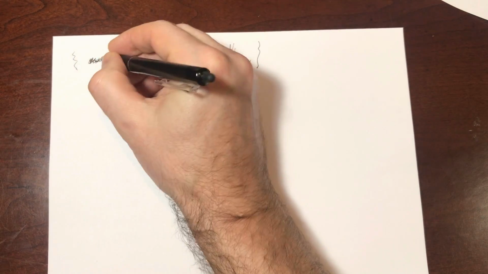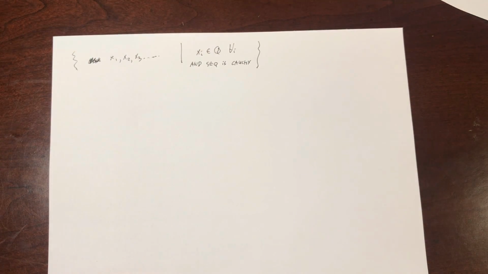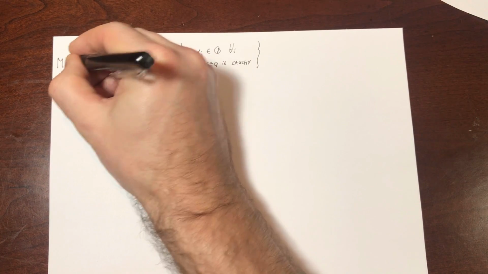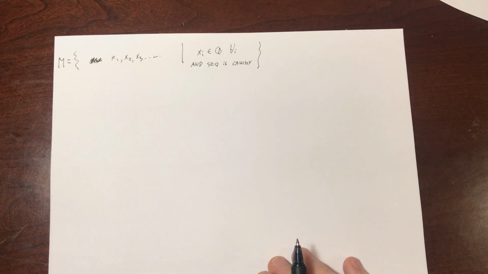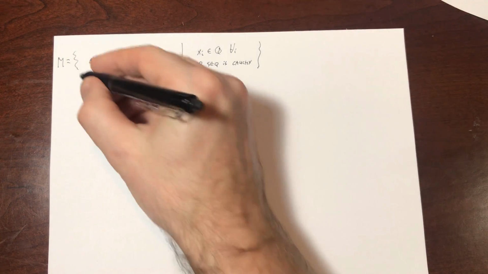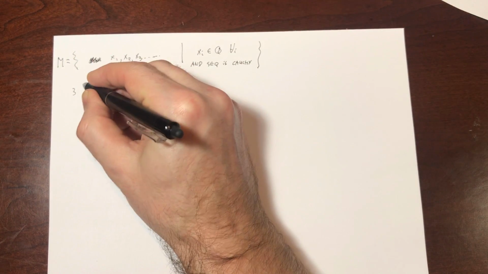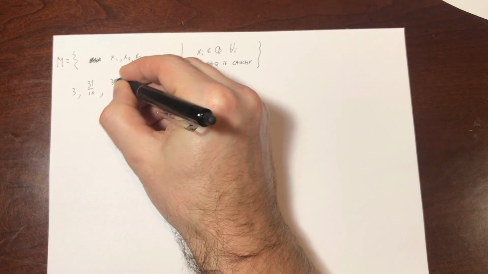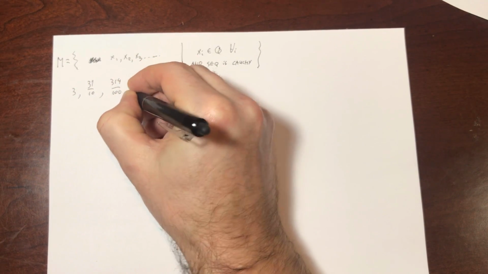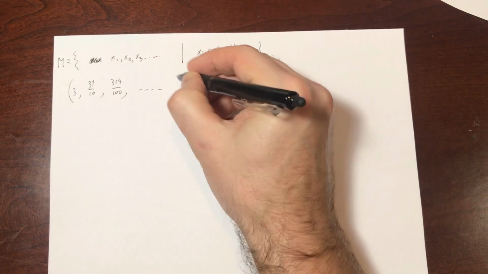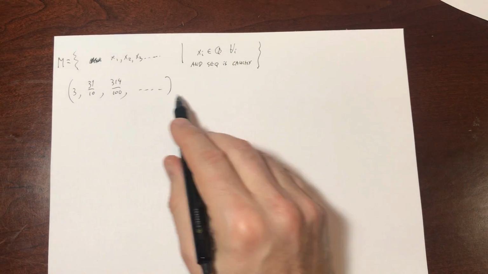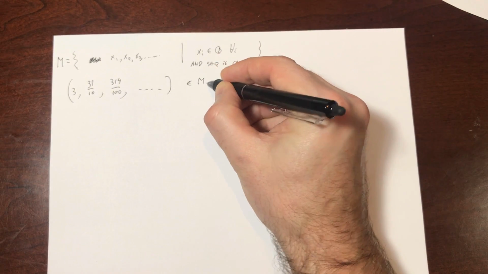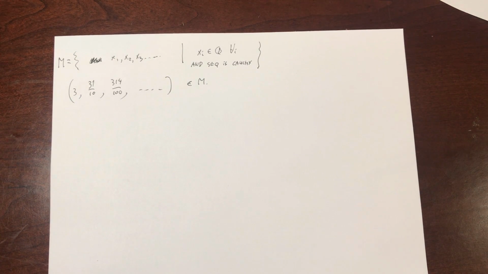This is a really big set, so let's call it capital M. So for example, this sequence from the previous example, here I have an infinite sequence, and that whole thing is just one element of M.